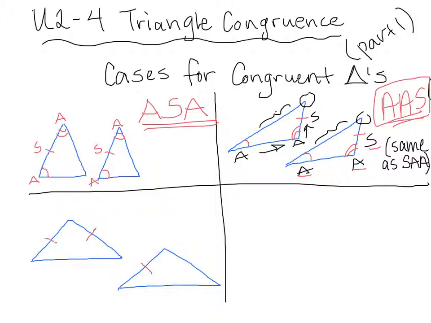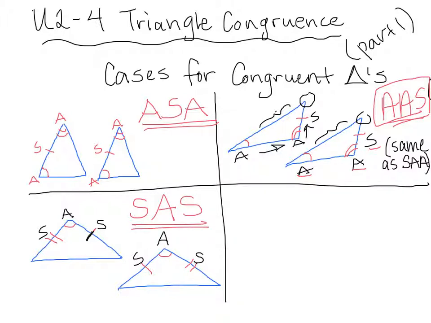I'm going to mark this other side and this one as congruent, and the angle in between them. So now if we label those pieces in order, we've got a side, an angle, and a side. And if I label in the same order, starting with that single dash, side, angle, side.